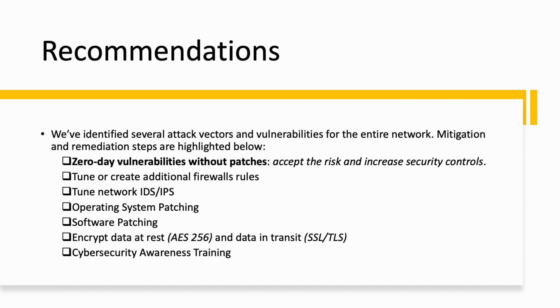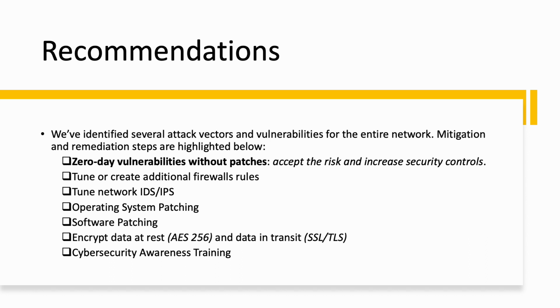Now that we've covered the attack vectors, attribution analysis, and vulnerability assessment matrix, we will go into the recommendations. We've identified several attack vectors and vulnerabilities for the entire network.